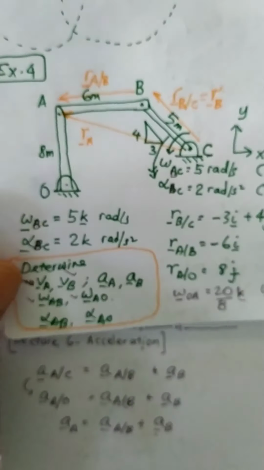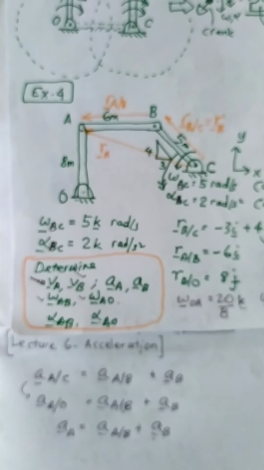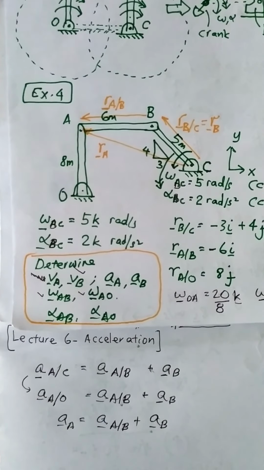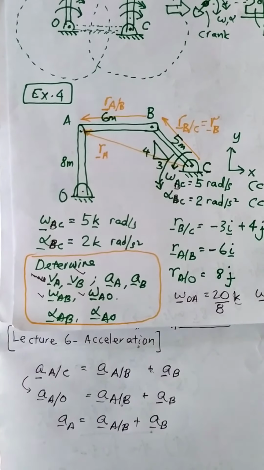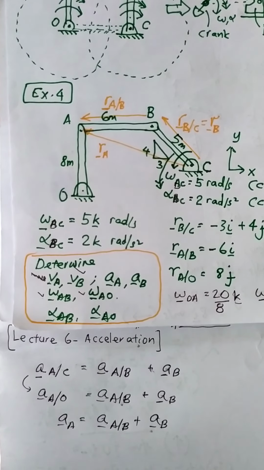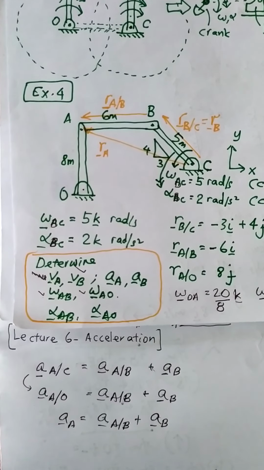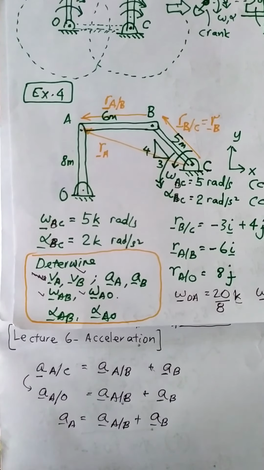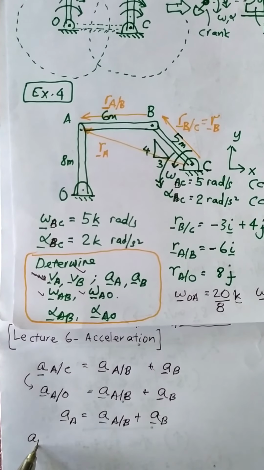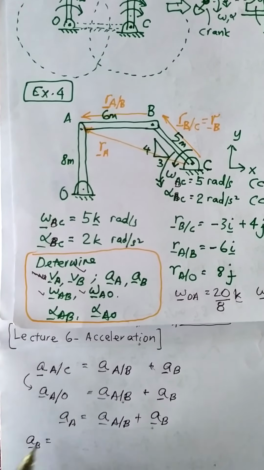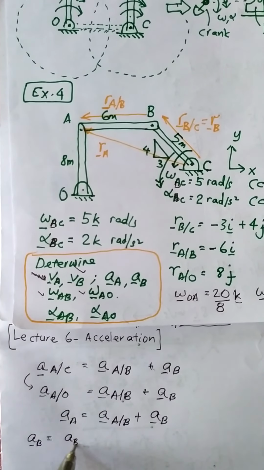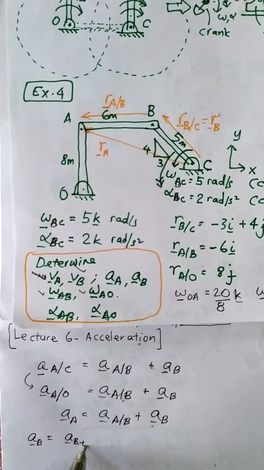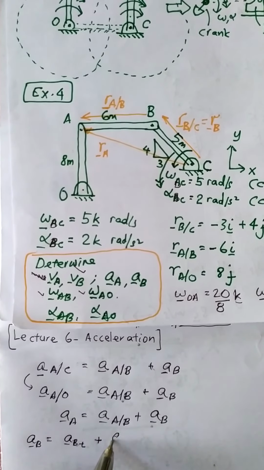So we'll do it slowly and see whether we can solve the problem within the space that we have. We know that the acceleration of B is equivalent to the acceleration of B tangent plus the acceleration of B normal.